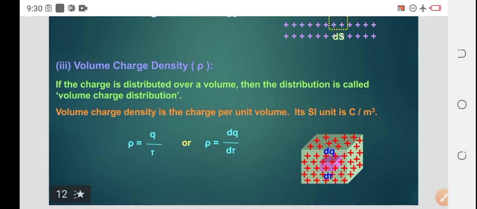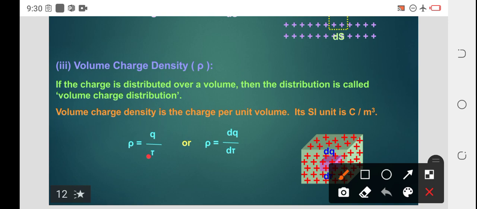You can take the volume as v, or you can take tau, anything. I'm taking v here. So rho equals q by v. For a small charge, rho equals dq by dv.